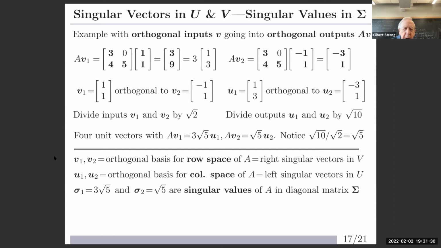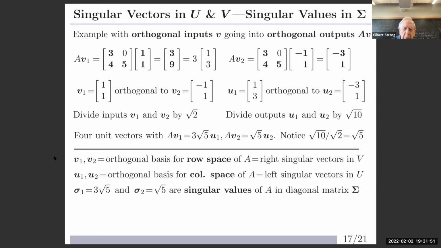Now, what vectors came out? Well, 3, 9 came out from the first one, and minus 3, 1 came out from the second one. And what's interesting about those vectors, 3, 9 and minus 3, 1, is they're perpendicular.